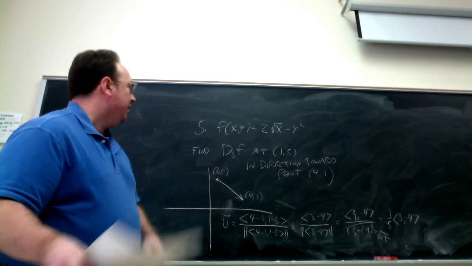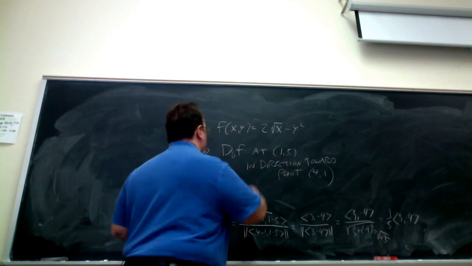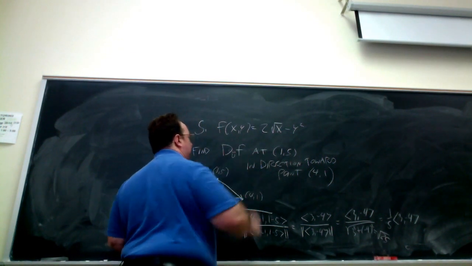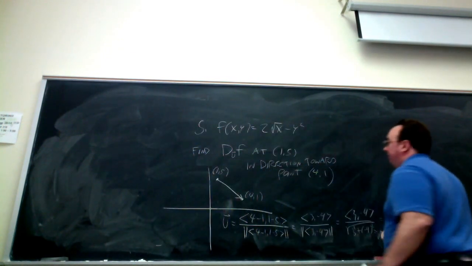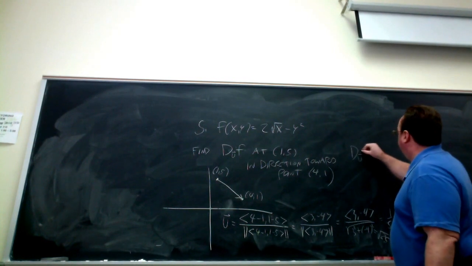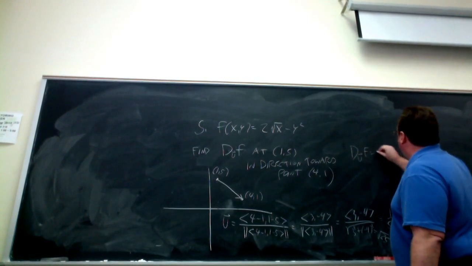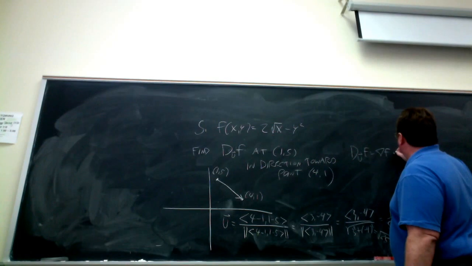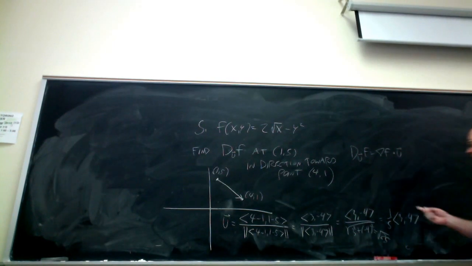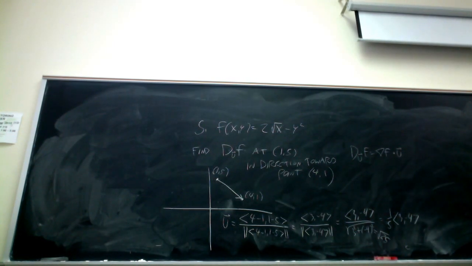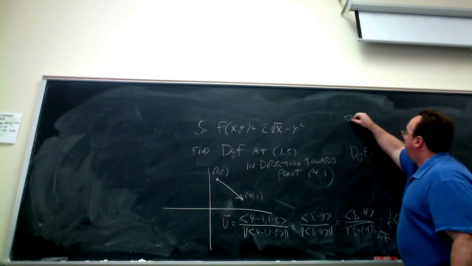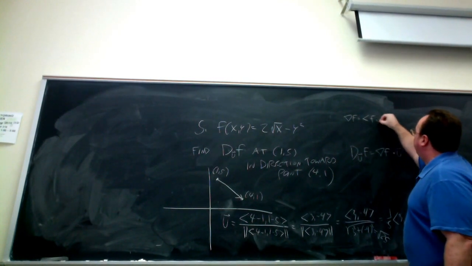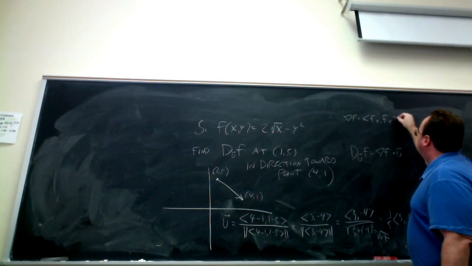Okay, so now that we have our u, the directional derivative is the gradient of f dot product with u. So we have u, we just need the gradient. The gradient is the vector consisting of the partial with respect to x and the partial with respect to y.